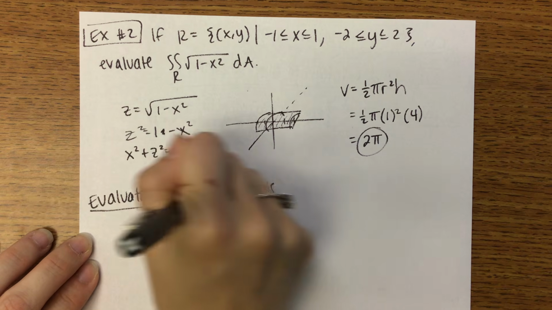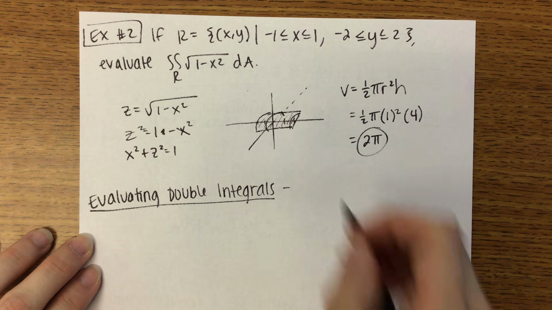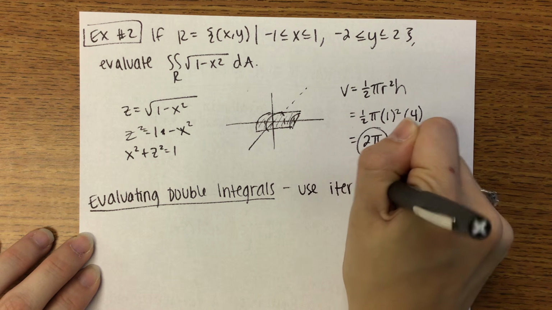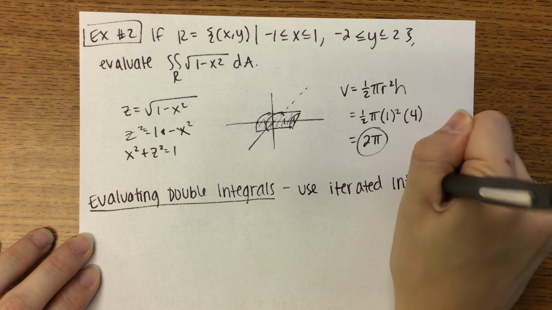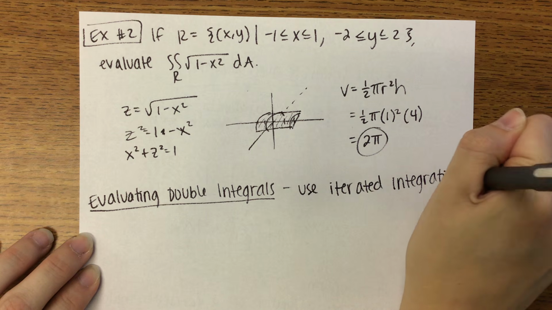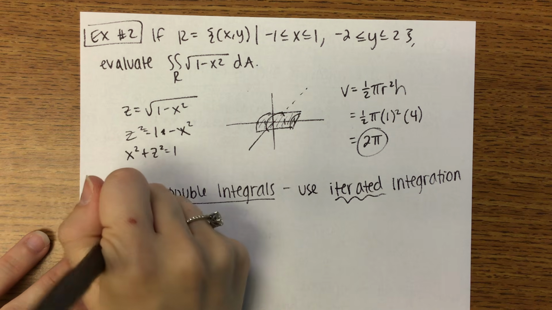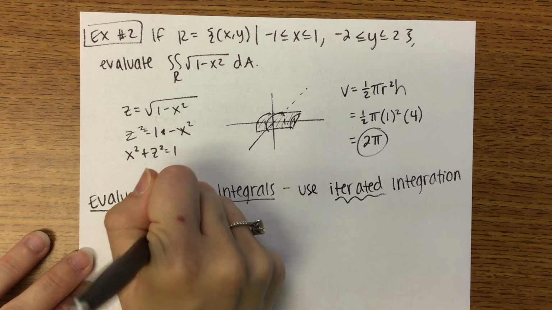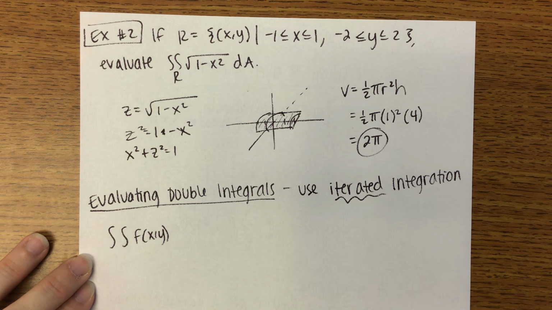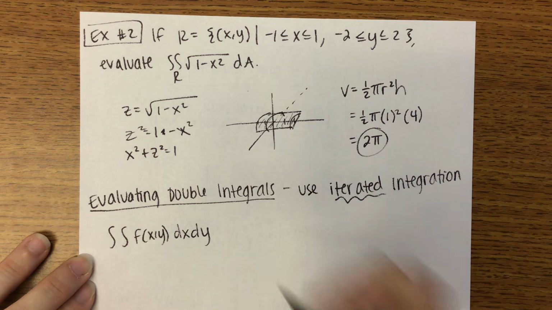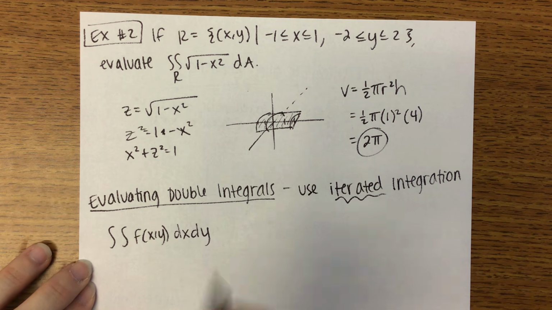If you are evaluating a double integral, you are going to use what is called iterated integration. Okay, here's how it's going to look most of the time. You're going to have your function in terms of x and y, and you will then be told how to integrate. You will have 2 sets of bounds.